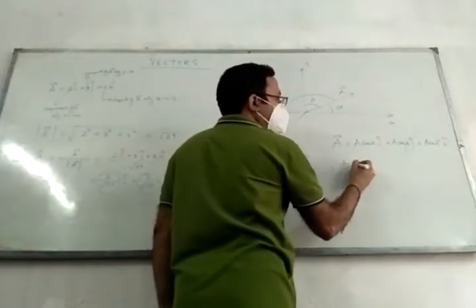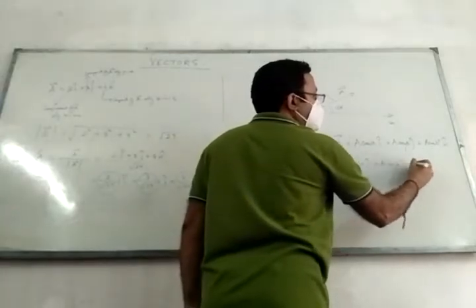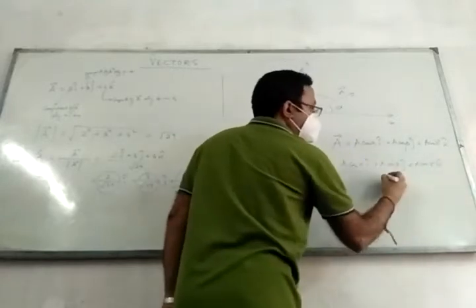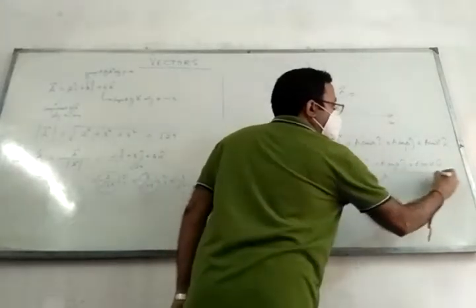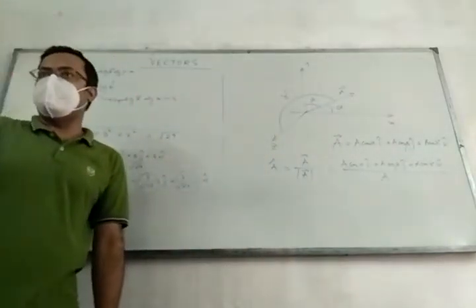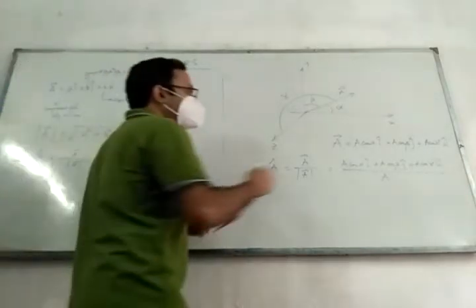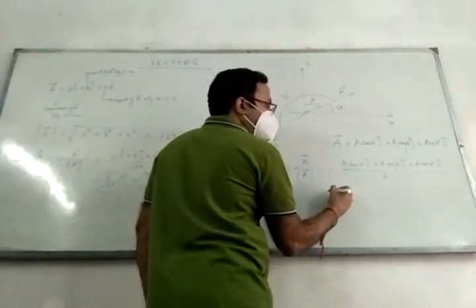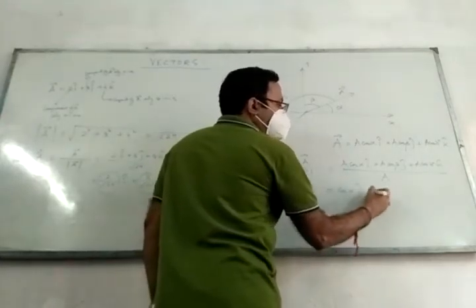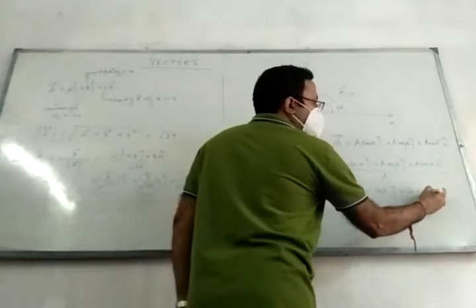I'll show you: A cos alpha i cap, A cos beta j cap, A cos gamma k cap divided by the magnitude of A. When the vector sign is not given on a letter, it represents the magnitude of that vector. So you can cancel the A component off. What will the answer be? Quickly tell me. cos alpha i cap, cos beta j cap, cos gamma k cap.